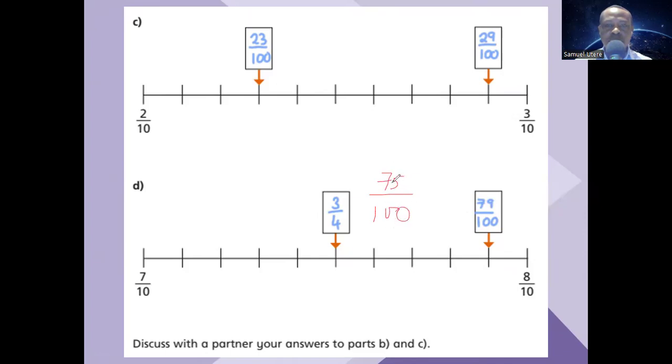Now, if you simplify this, we can divide 75 by 25, which will give us 3. And we can divide 100 by 25, which will give us 4. All right. And that one you should know is 79 hundredths.